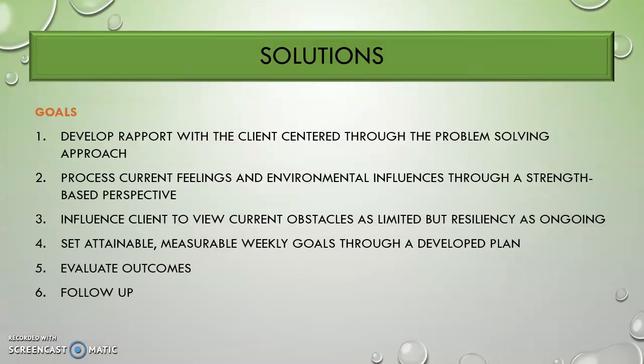To jump right on in, some solutions to this can be the goals of building rapport, and the goals of processing current feelings and environmental influence through a strength-based perspective, influencing Miss Patricia to view her obstacles from a more resilient approach, setting attainable, measurable weekly goals through a developed plan, evaluating the outcomes, and definitely doing a follow-up.